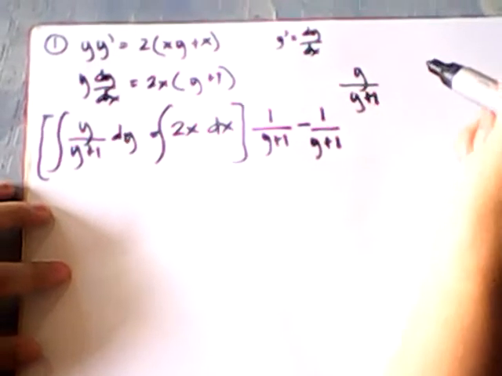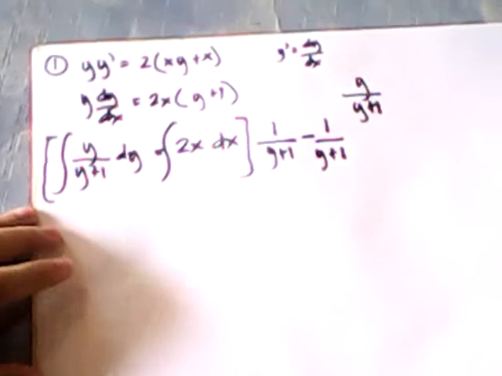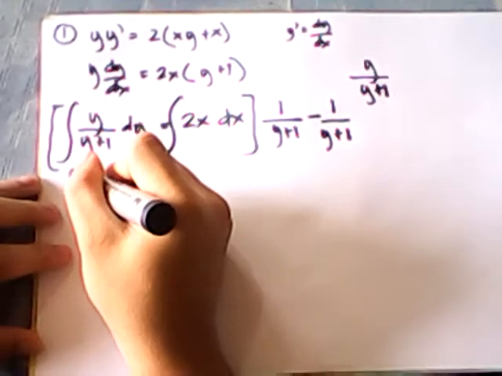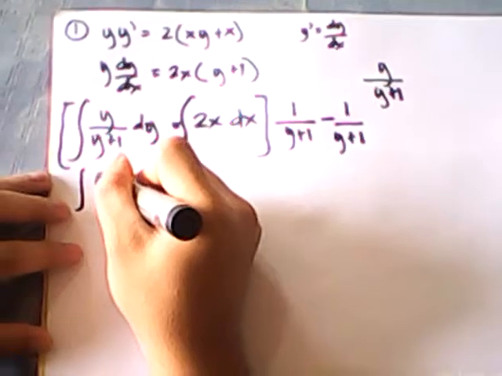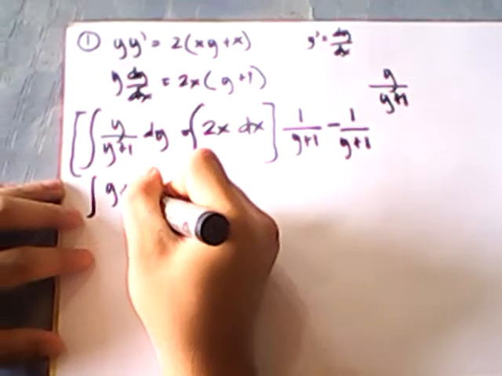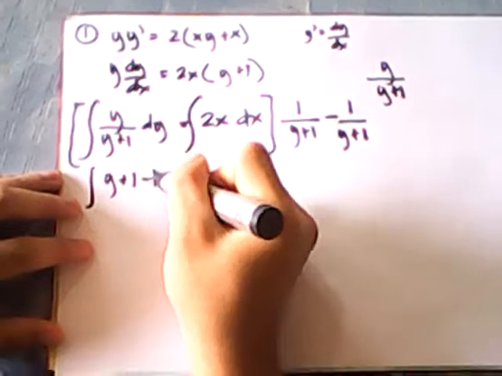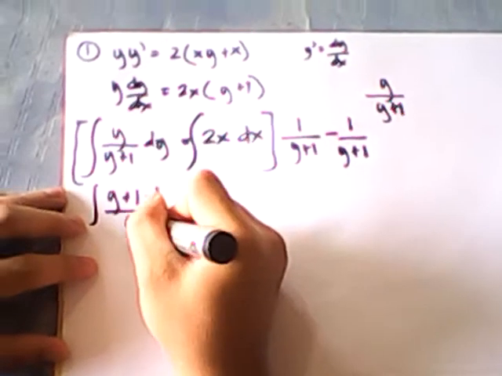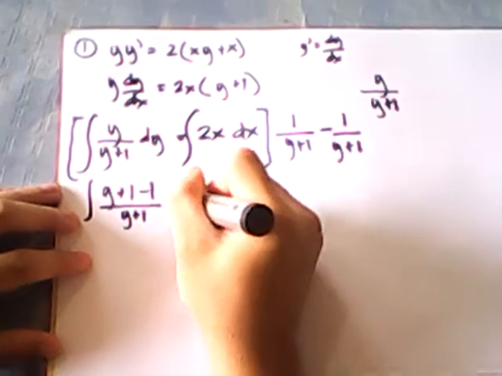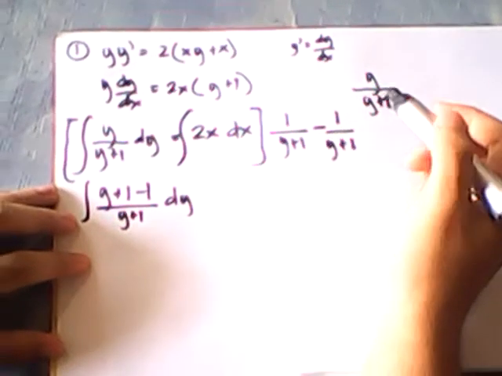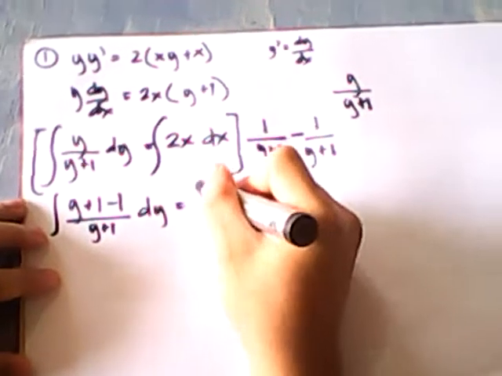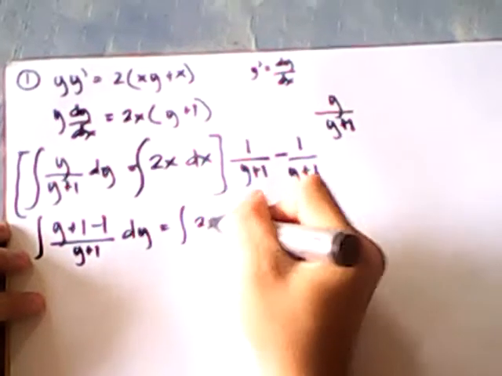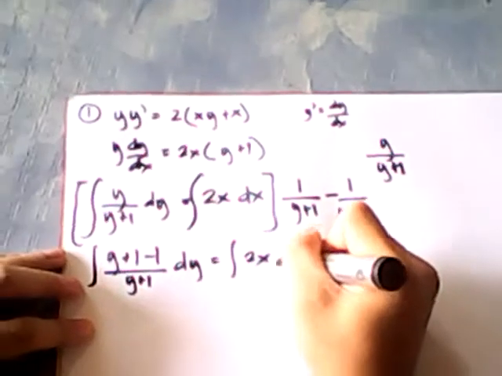It is just adding 0 to the equation. We will get the integral of y plus 1 minus 1 over y plus 1 dy, and on the other side, 2x dx.